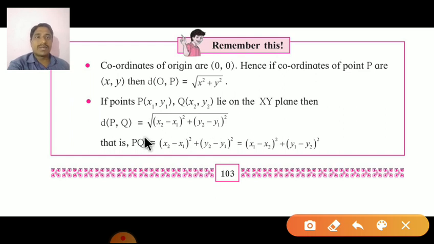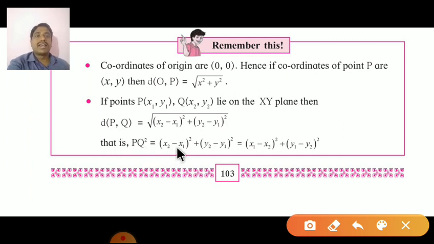It is a distance formula where x1, y1 is the coordinates of point P and x2, y2 is the coordinates of point Q. Note that the distance between P and Q is in square root. If we square both sides, then PQ square and the square root get cancelled.